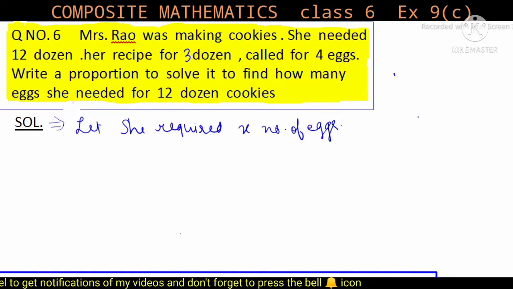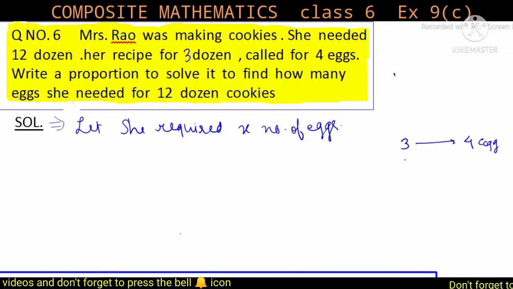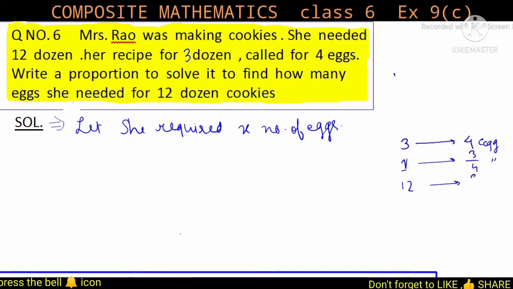It is very simple. You see, 3 dozen requires 4 eggs. Now, 1 dozen requires 4 by 3 eggs, or 12 dozen requires 4 by 3 into 12.